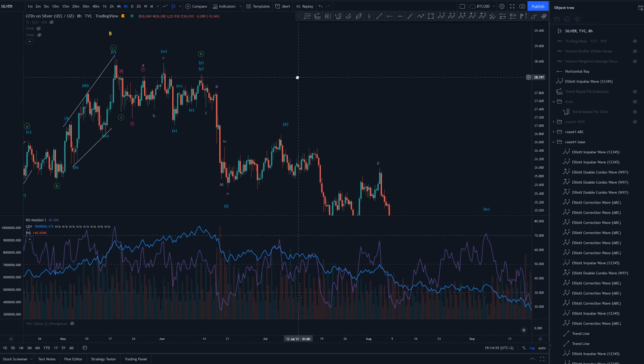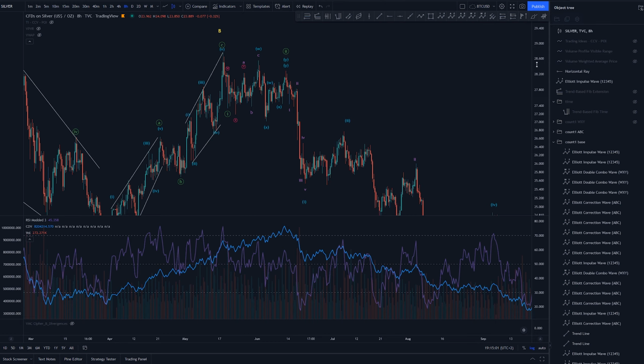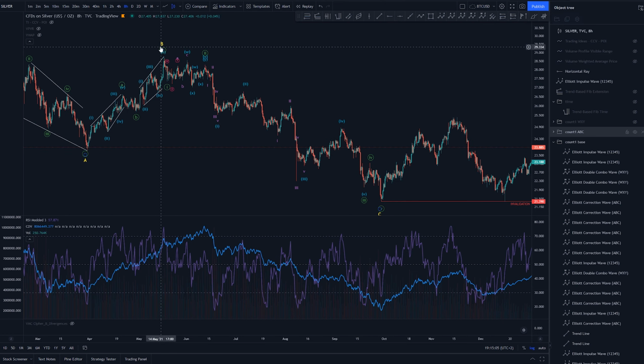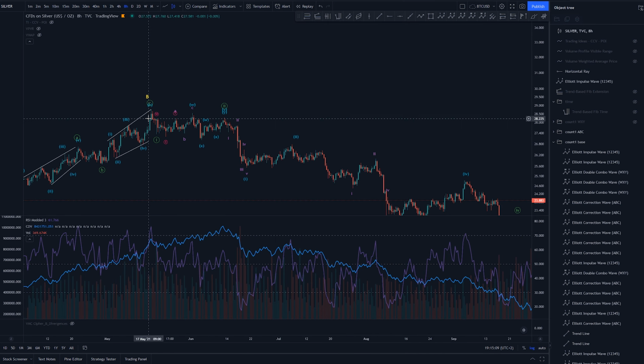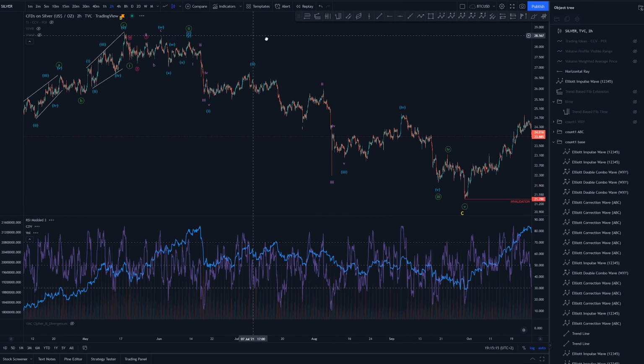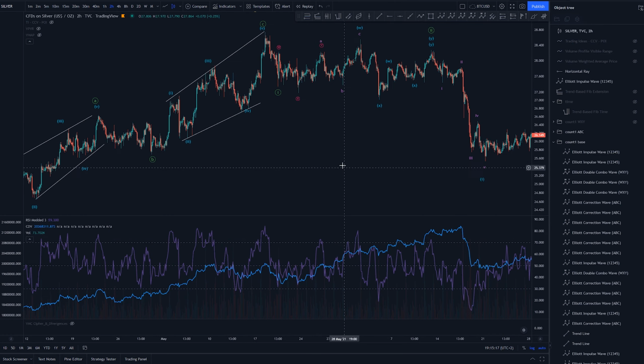The issue I had here is how we're going to get 5 waves into this structure. I got this one, which is again debatable. I think I went to the 2 hour or 1 hour time frames to look into this.